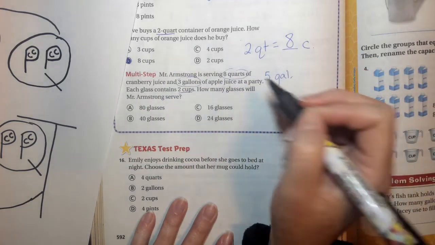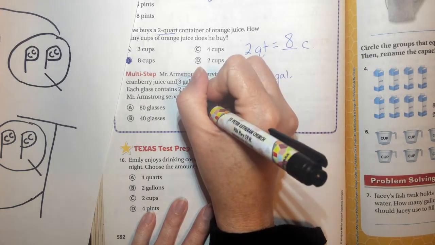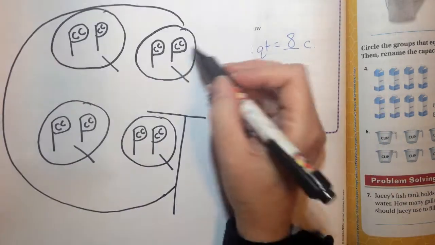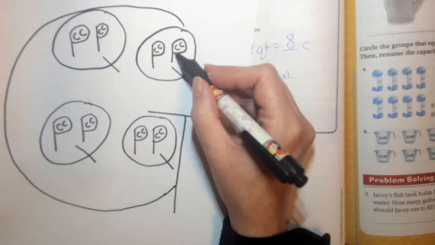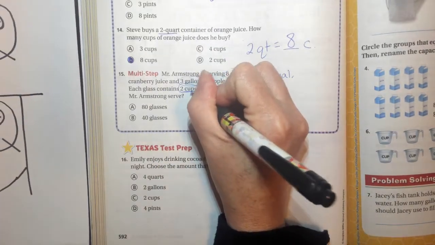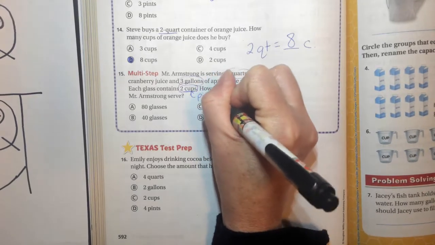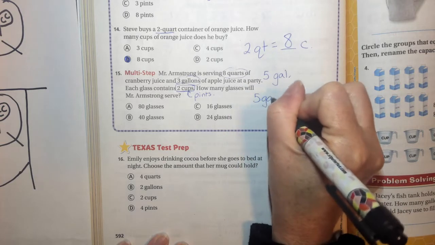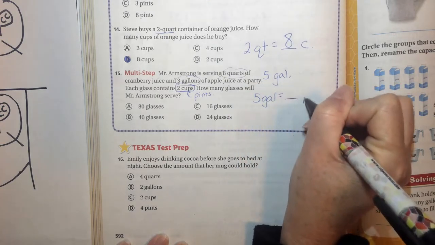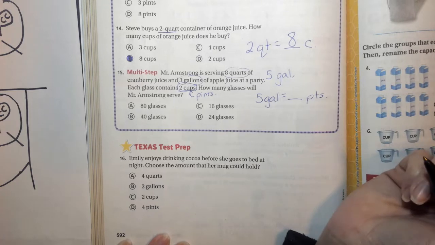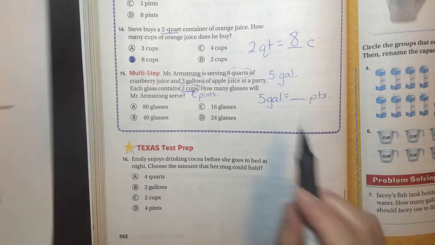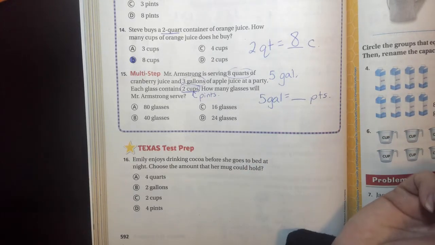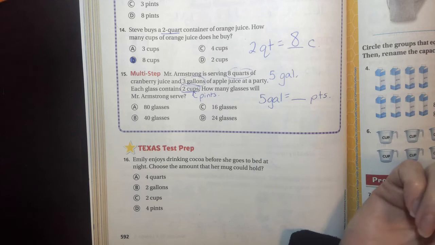And we're trying to figure out how many groups of 2 cups. Well, I know 2 cups is a pint. So we're trying to figure out how many pints that'll be. We want to know 5 gallons is equal to how many pints. So I think the easiest way to look at this is to figure out how many pints are in 1 gallon, and then we can multiply that by 5.